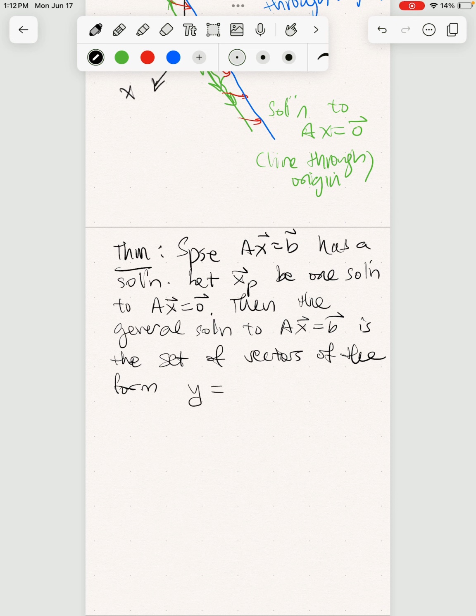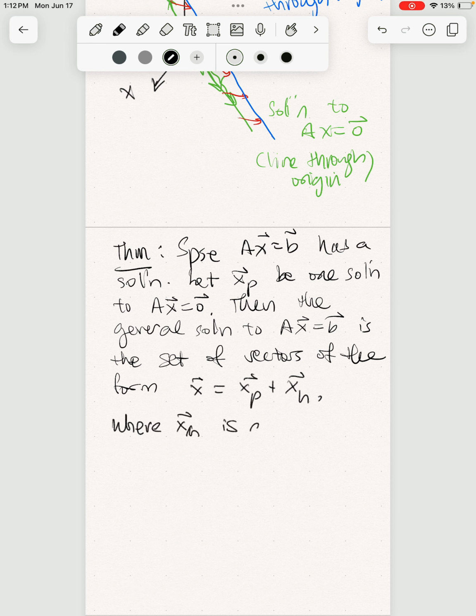x equals xp plus xh, where xh is a homogeneous solution.